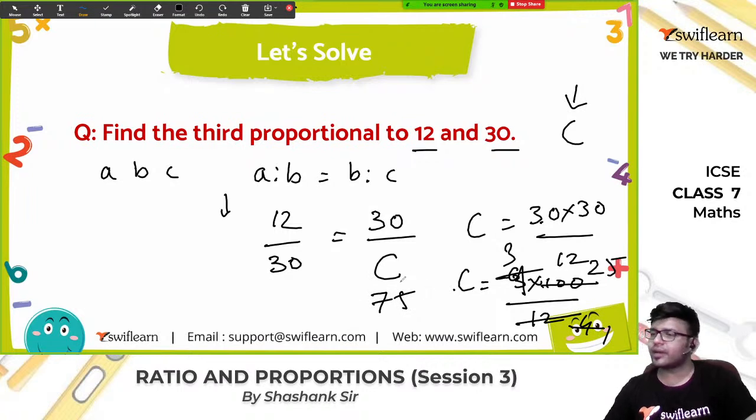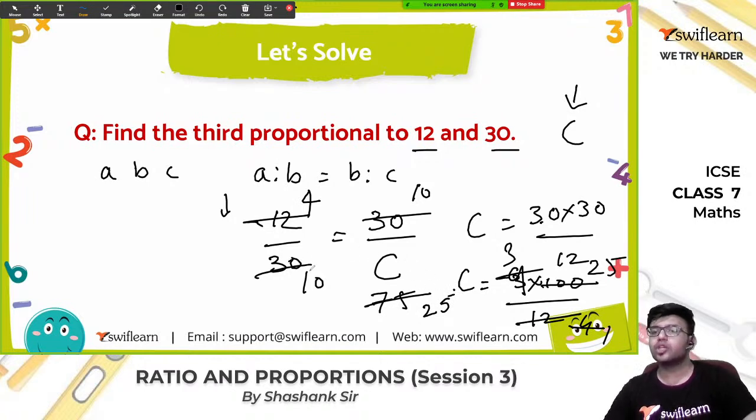Abhi dekho simplify karke check the answer. Okay, so 3 4 ja 12, 3 10 ja 30. Okay, 10 aa gaya. So 10 is to some other number I'll get, like 3 2 ja 6, 3 5 ja 15.